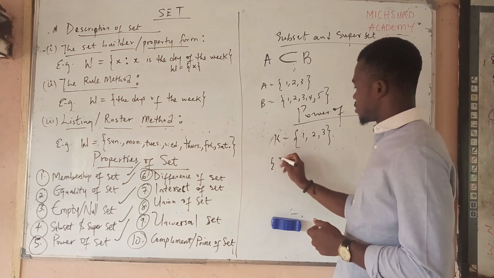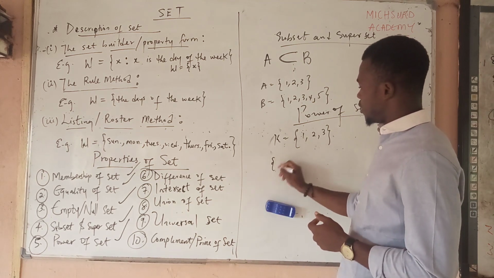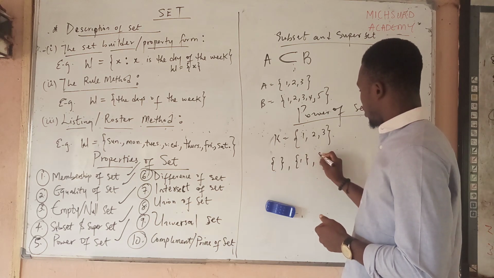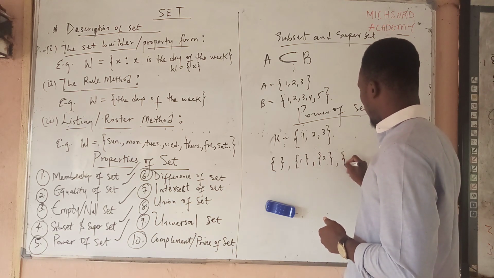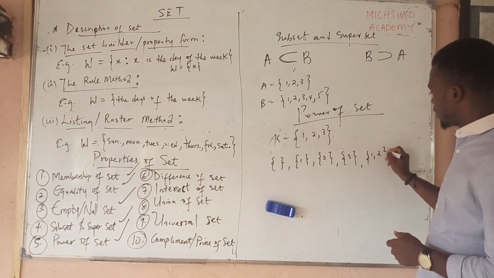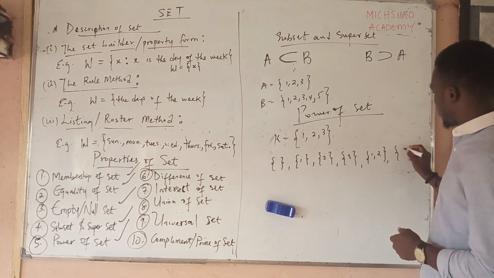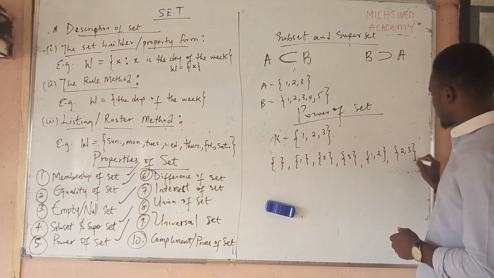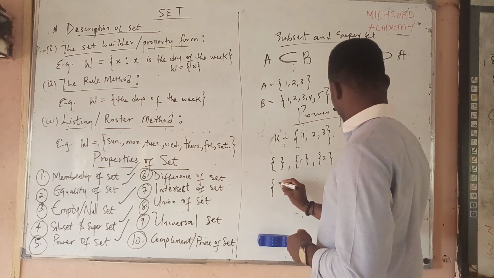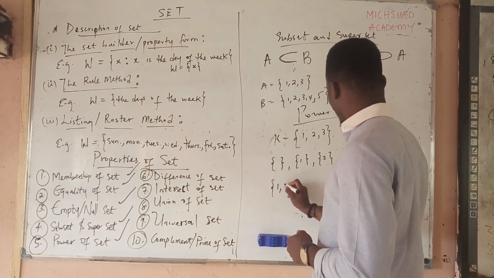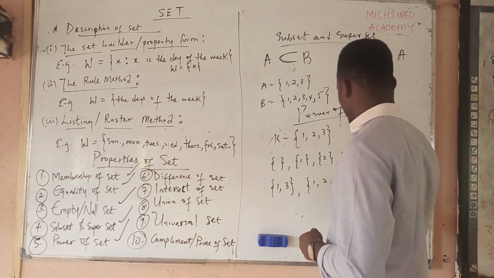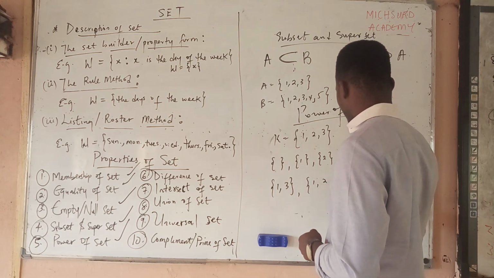So if we want to list out the subsets that you can see here, they include the empty set, which is part of a set, okay? Then we have 1 as another, we have 2, we have 3 as another, we have 1, 2, right? We have 2, 3, we have 1, 3, we have 1, 2, 3.